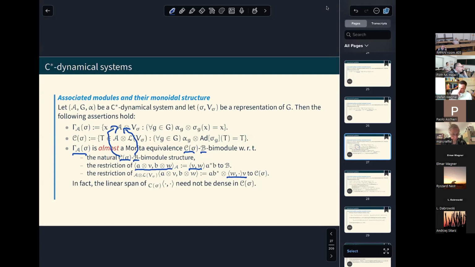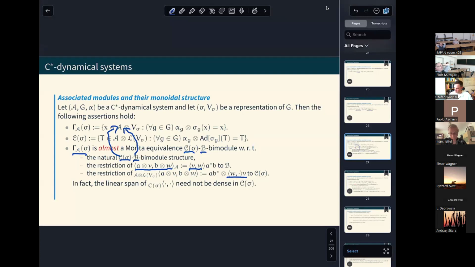Now, if I plug in elements in this gamma A of sigma, this will still be in A, but because of the invariance conditions, this will be in B. So I restrict the image to B. Again, this is important for the rest of the talk: this is almost a Morita equivalence bimodule, and the only missing condition is that the left inner product is not dense.